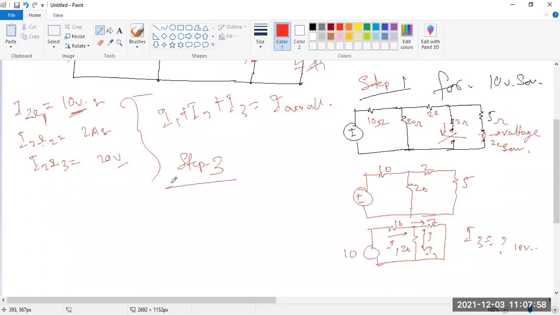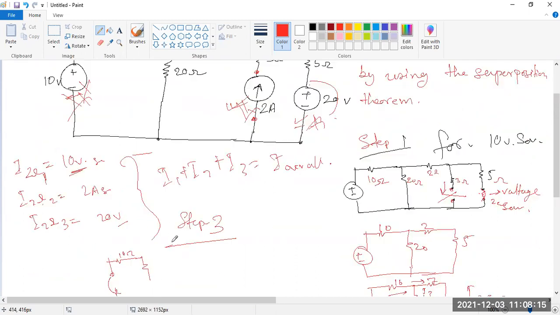Step 3. Look, first it will be short. Okay, then 10, then 20. This branch is there.